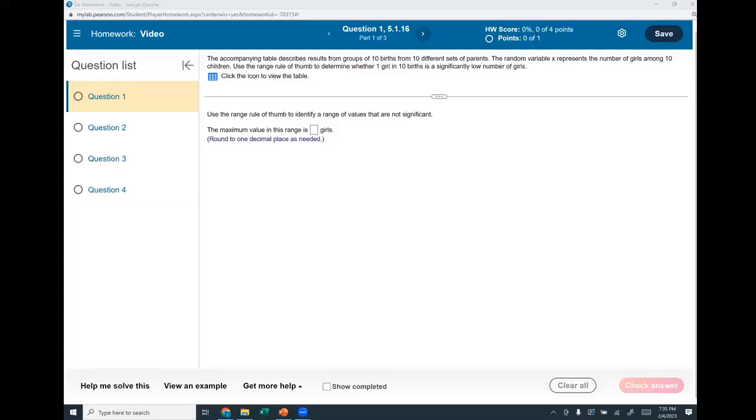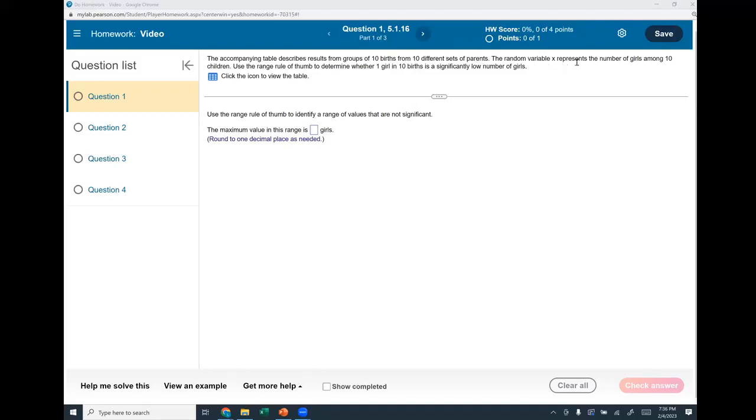All right, so let's go through a couple of problems that I picked that should help us understand how to do some of the homework problems. So the accompanying table, which is right here, describes results from a group of 10 births from 10 different set of parents.